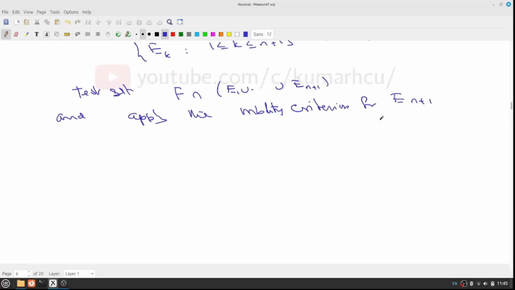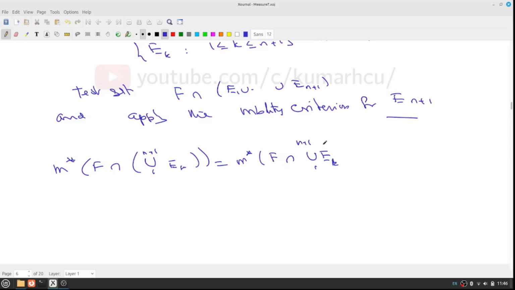Therefore, by measurability of E_{n+1}, m star of F intersection union from 1 to n plus 1 of E_k equals m star of F intersection union E_k, k equal to 1 to n plus 1, intersected with E_{n+1}, plus m star of F intersection union E_k, k equal to 1 to n plus 1, and remove E_{n+1} from this.